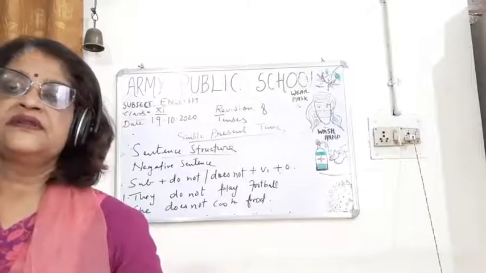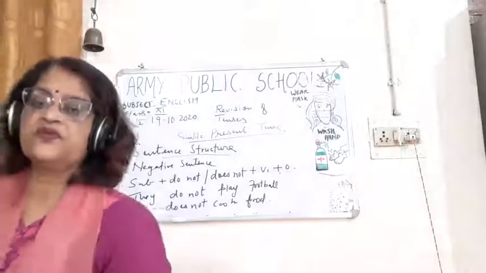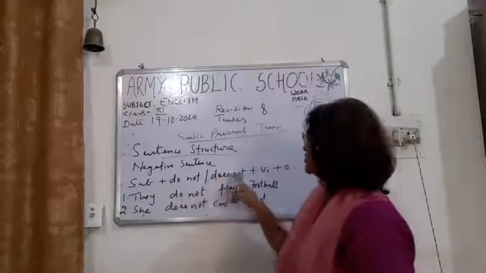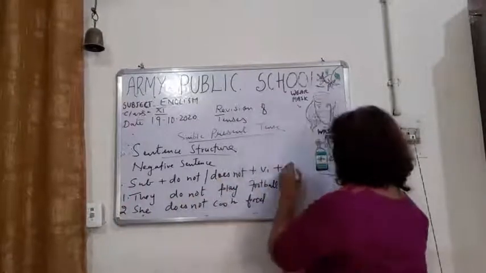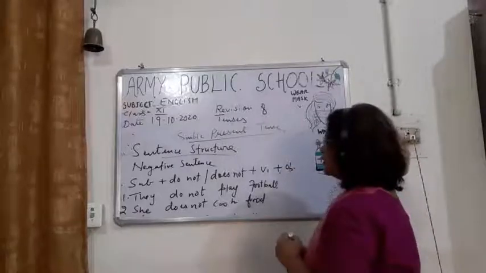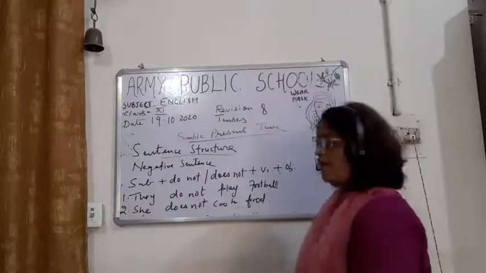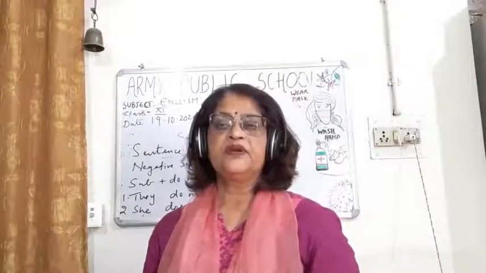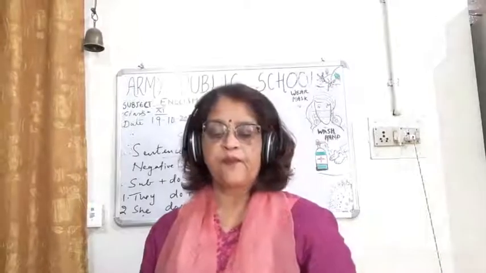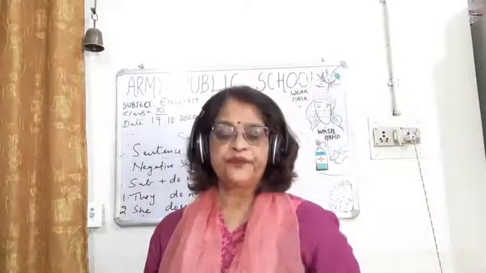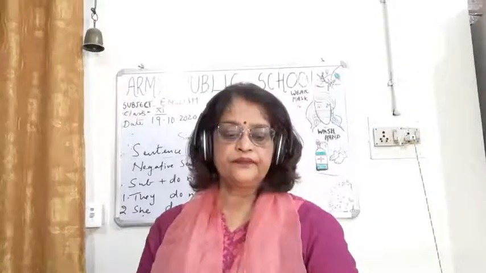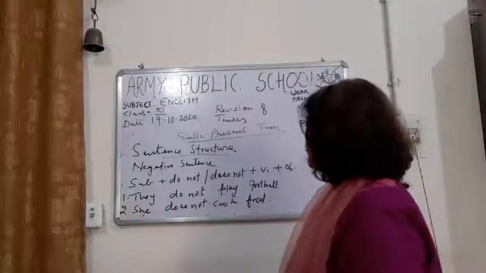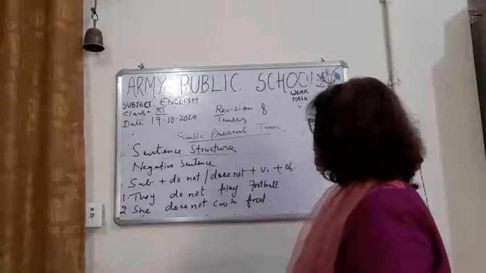Okay, so children, in the negative, what is the formula for a negative sentence in the simple present tense? It is subject plus do not or does not plus V1 plus object.